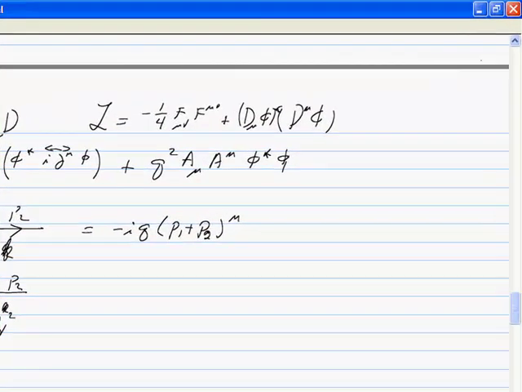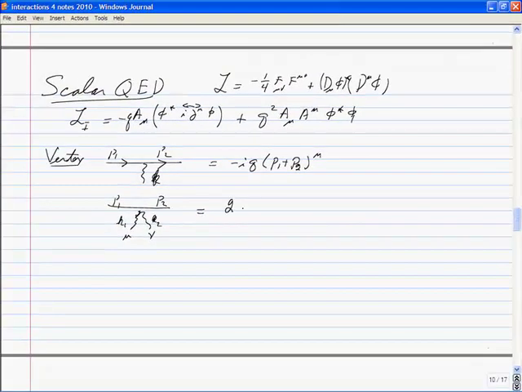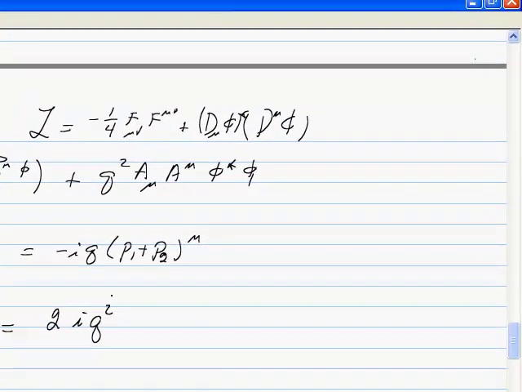You just take, again, minus i times the Hamiltonian. This turns into 2i charge squared.